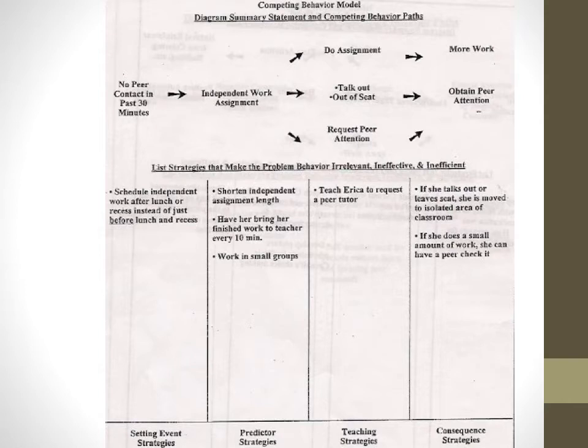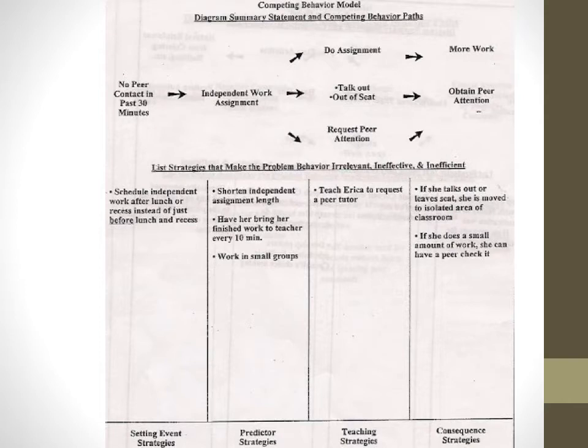Please, let's take a look at Erica's behavior. Erica's setting event is no peer contact in the past 30 minutes. And the setting event intervention strategy identified by this teacher is very simple.